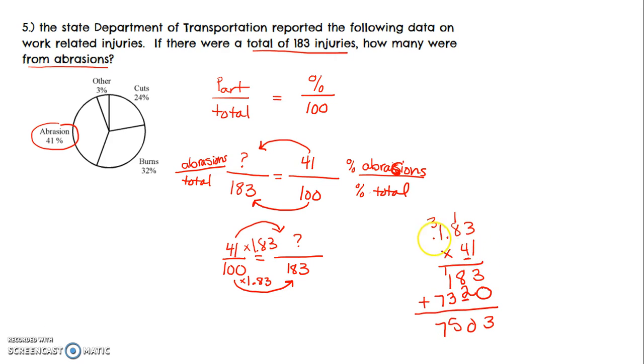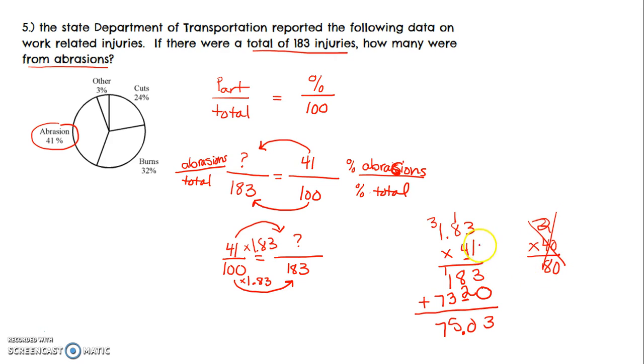So one thing you could do, 1.83 is about 2. 2 times 41 is about 40, so I do a quick estimate. 2 times 40 is 80. So I know my final answer is somewhere around 80, and that tells me, oh, my decimal point must go here.